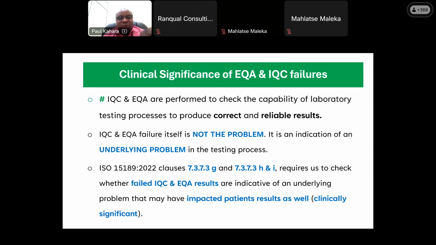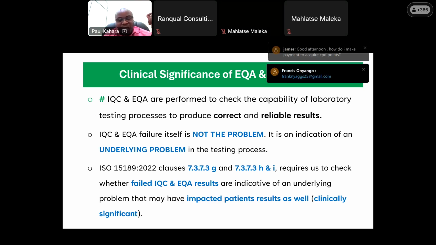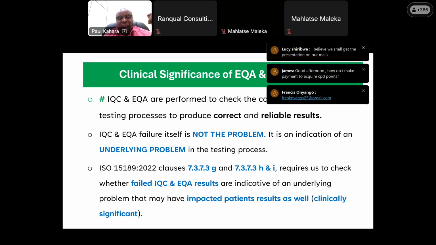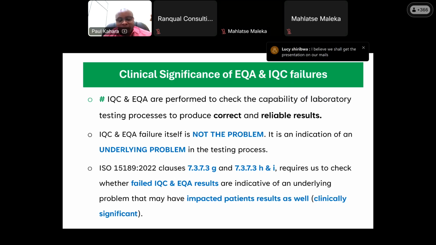So when we are doing this IQC and EQA, the issue is not necessarily whether we passed or failed. The issue is, once we know that we failed, did we investigate to know what the underlying problem is? And not just looking at the underlying problem, but also checking where our patient is in all this.